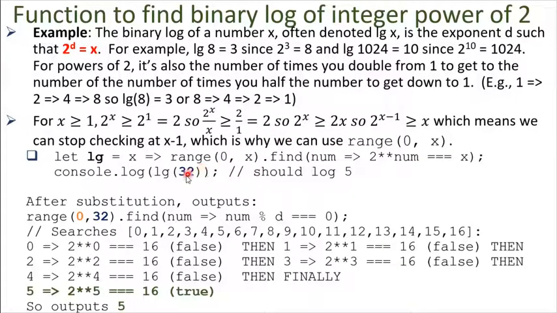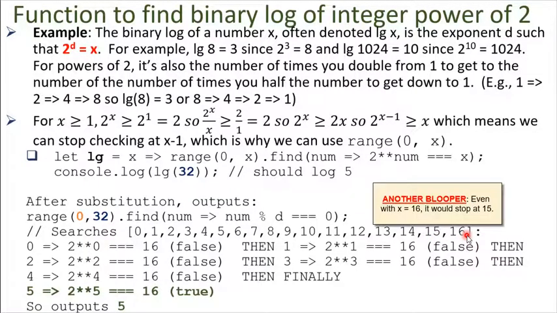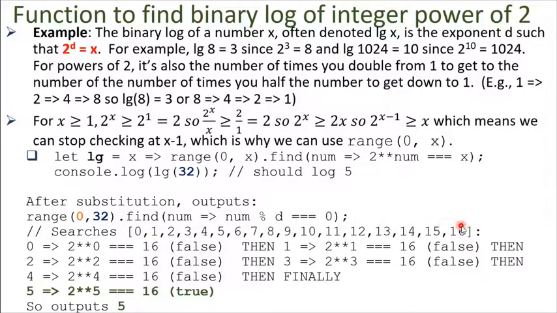So just as an example, if you're doing the log of 32, 32 gets substituted for x. So you go 0 to 32 here. I didn't actually write all the numbers here because I originally had 16. But what this would do is range 0 to 32 would generate the array going 0 through 31, right?